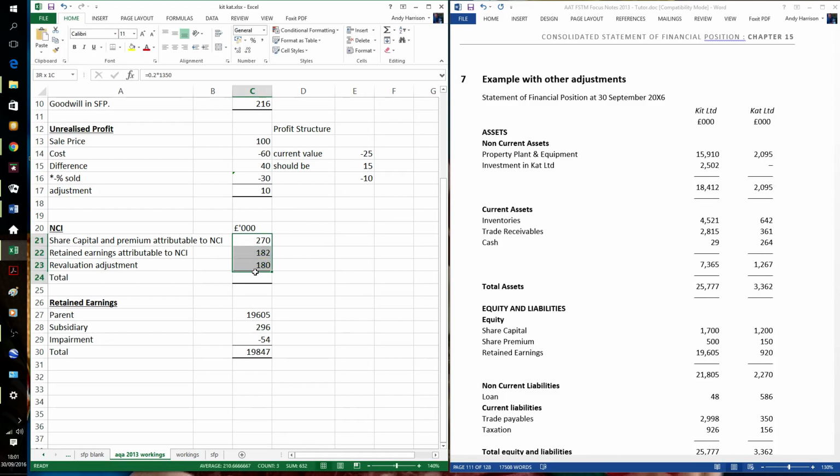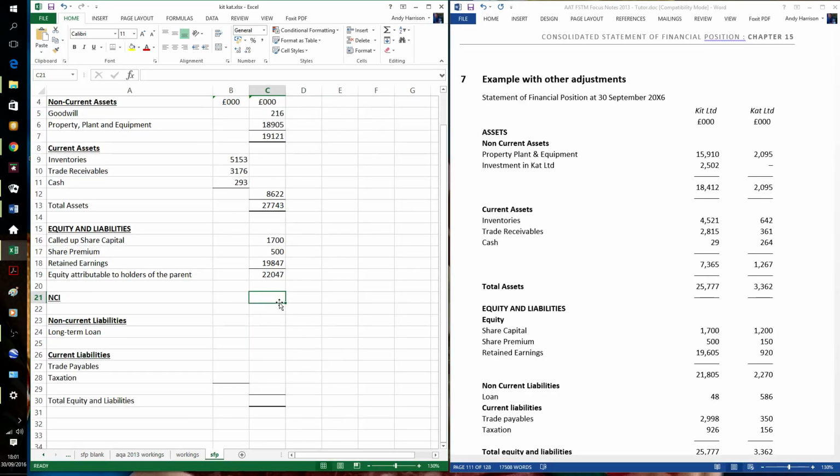Add that lot up, and that is the value of the non-controlling interest at statement of financial position date. They've owned it all the way through, so there's no need to worry about point of acquisition. It's just happened all that way through, so 632. So you need to understand that it isn't part of the new workings out layout, but it is part of the equity of the whole group.